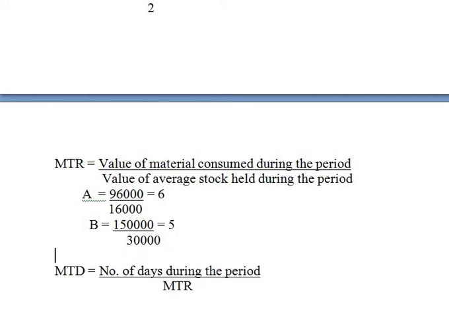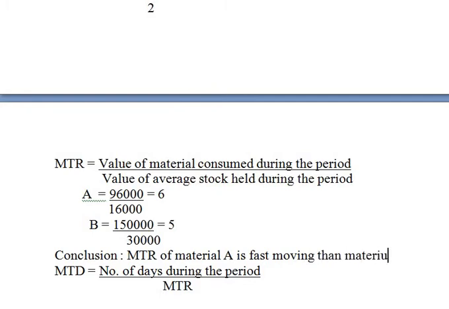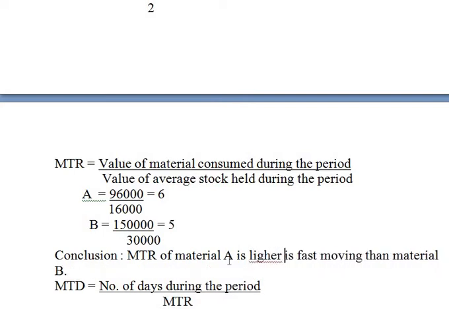You will have to write the conclusion here: MTR of material A is higher, fast moving than material B.